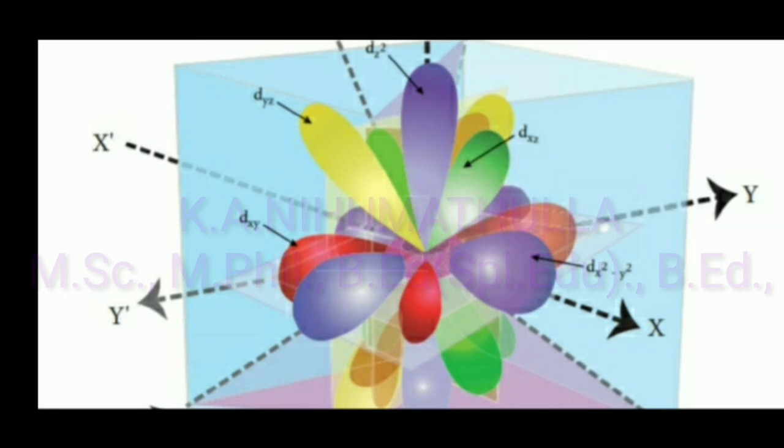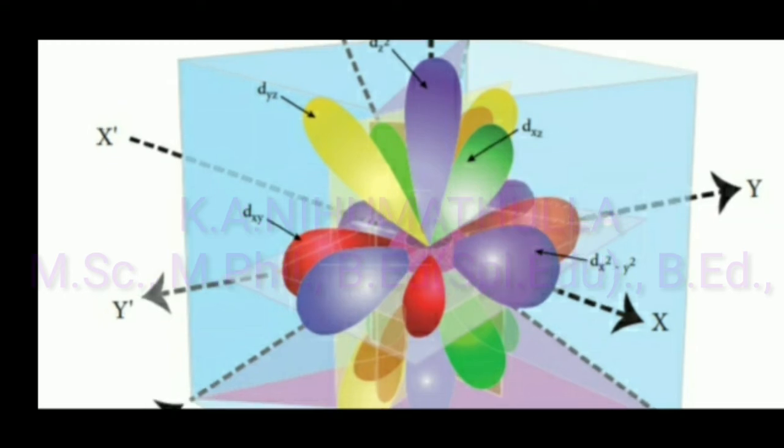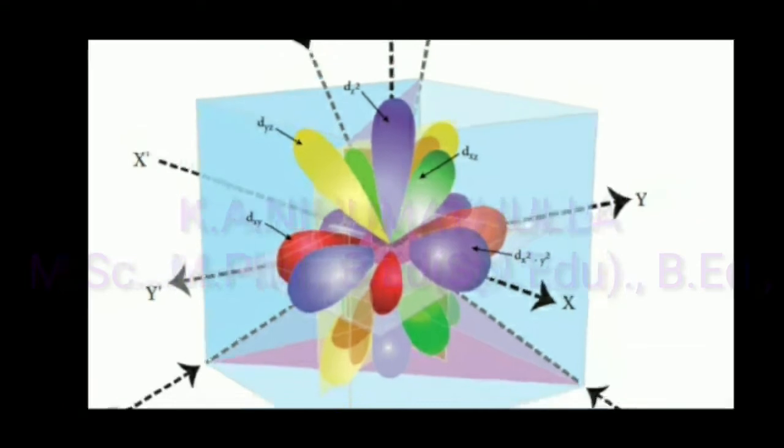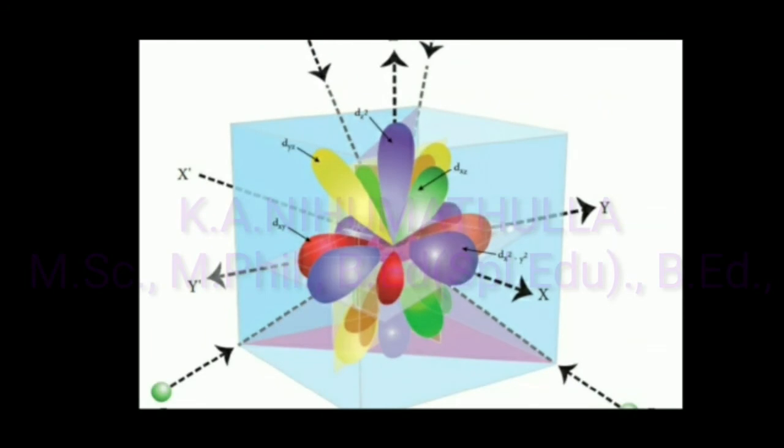In octahedral complexes, the dx squared minus y squared and dz squared orbitals come along the axis and approach the central metal ion. But in tetrahedral complexes, none of the d orbitals point directly to the ligand.